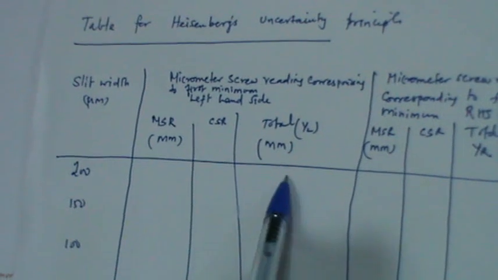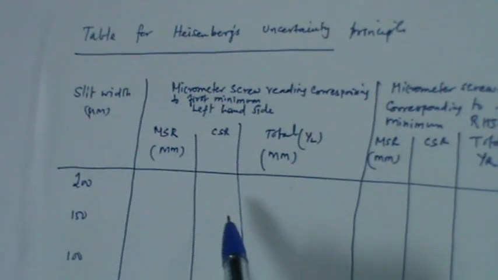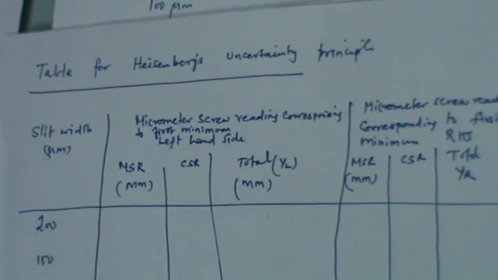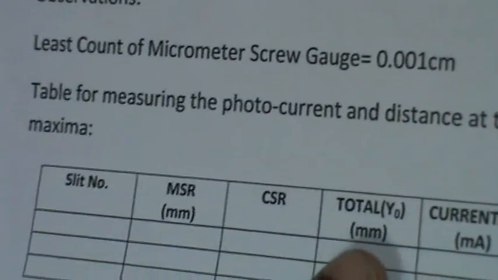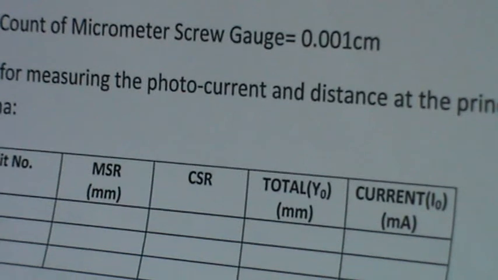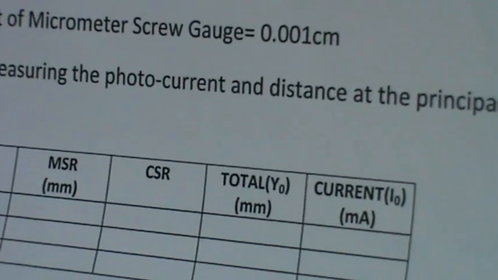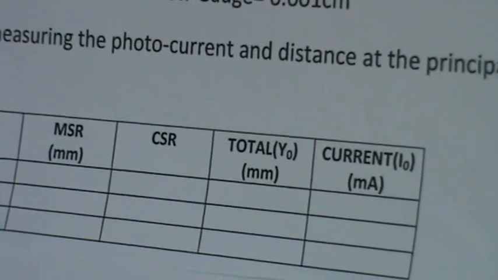Main scale reading, circular scale reading, total YL. For each slit, you have to make a tabulation. You can have a separate tabulation for the 3 different slits. The reading corresponding to Y0 can be written over here, and the current can also be noted down.